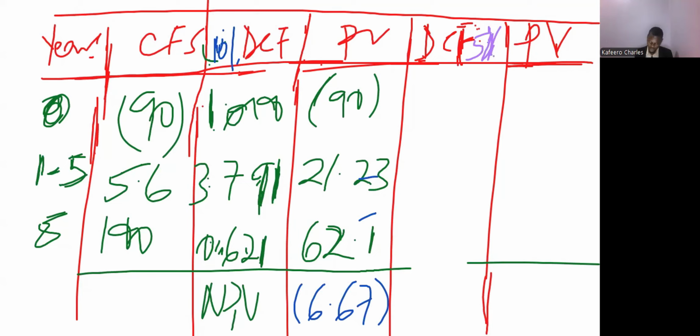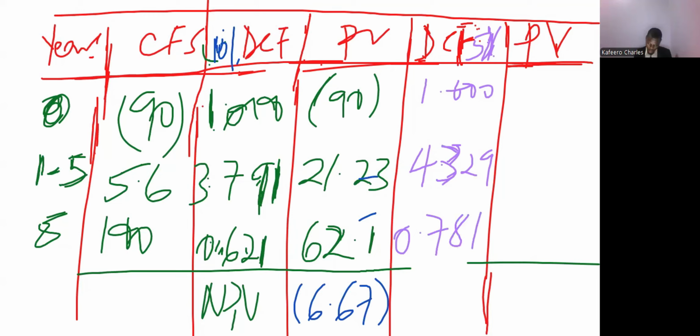So this 5%, this is 1.00. Of course, the annuity factor 5% in the fifth year is 4.329. Then the present value factor, 5% in the fifth year, is 0.781.